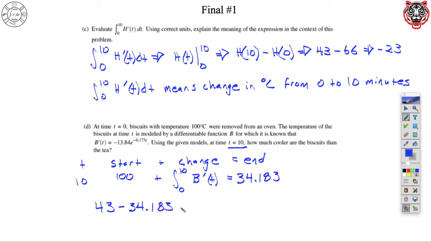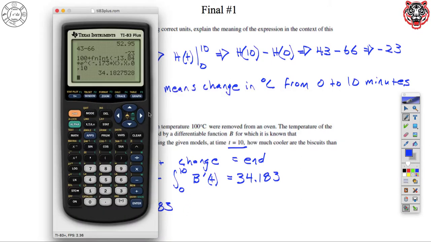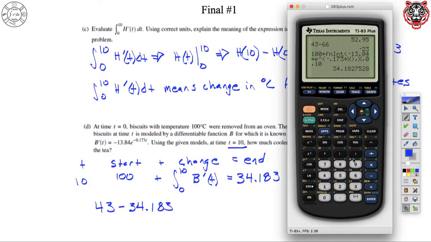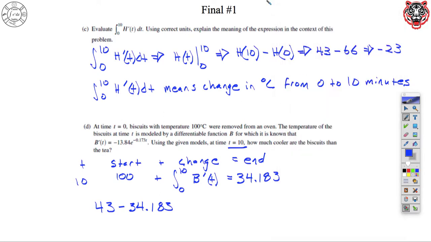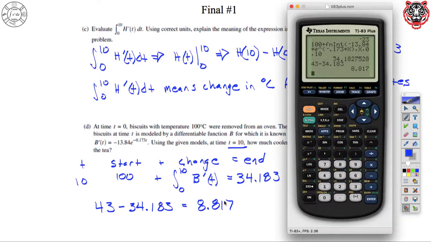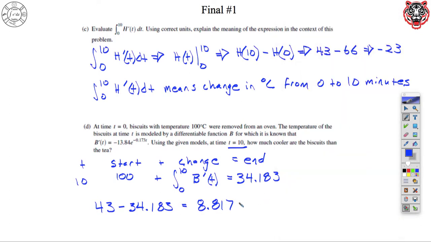And it is too late at night for me to be doing mental math, sorry. But we have the calculator here for a reason. 43 minus 34.183 is equal to 8.817. Just double checking that I wrote that down right. Yeah, 8.817 degrees Celsius cooler is our final answer that we're looking for.